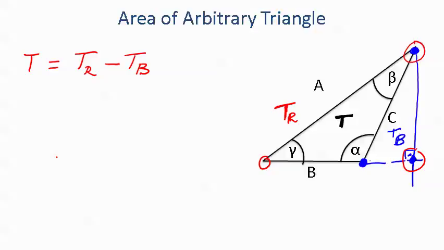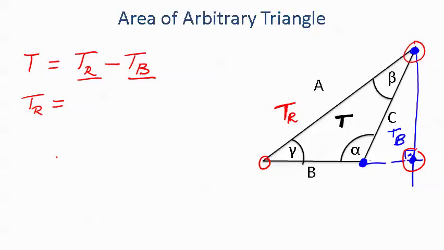Notice that both the red and the blue triangles are right-angle triangles. So the area of the red triangle will be equal to the product of the perpendiculars. And here we observe something interesting.